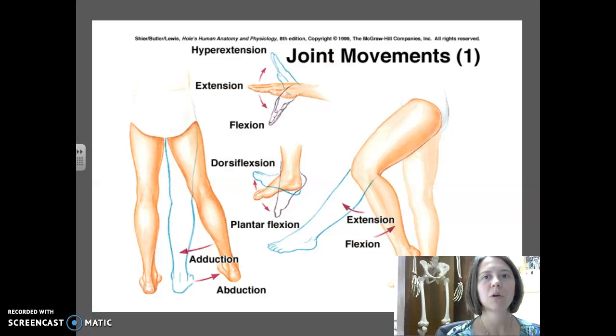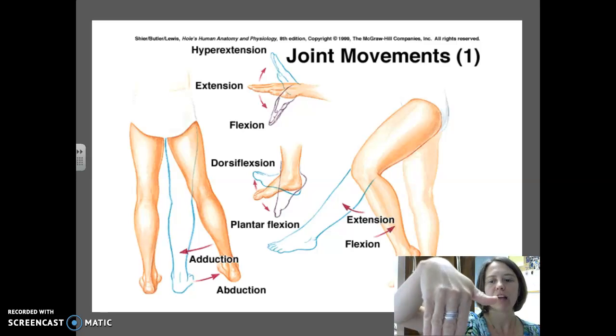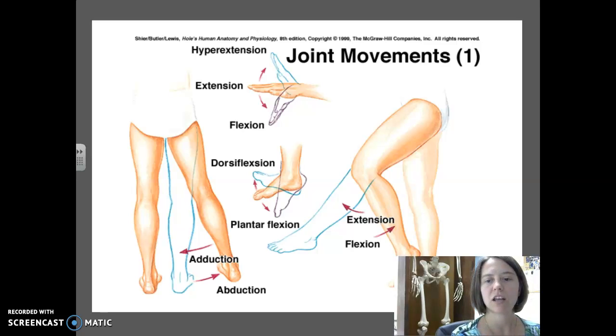Okay, looking at some more pictures of joint movement, we can have flexion, extension, and hyperextension of the wrist joint, and then flexion and extension of the knee joint, abduction and adduction of the hip joint, and then dorsiflexion and plantar flexion of the ankle joint.